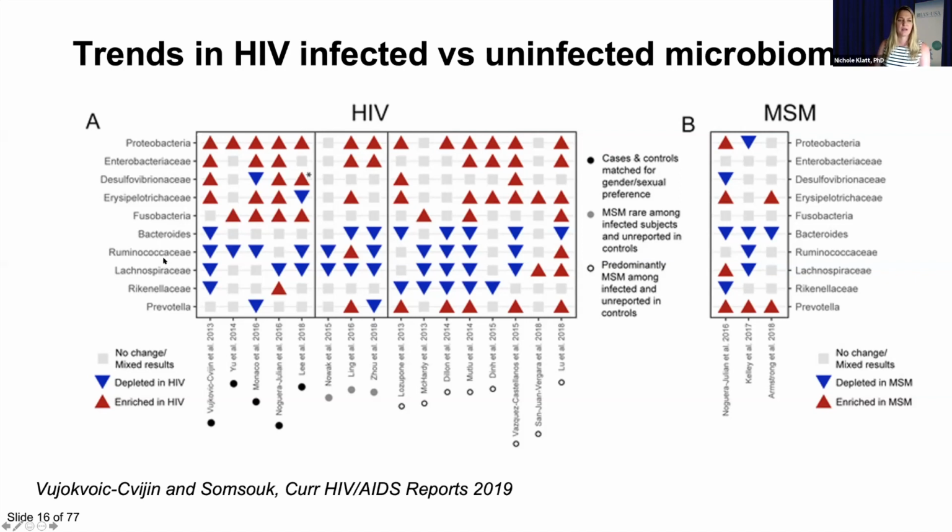Some of them that I'll point out here are proteobacteria, which are up. Proteobacteria are important because they tend to be very adherent bacteria, which means that they can grab onto the mucosal surface and tend to translocate. It also includes a multitude of potentially pathogenic organisms like Salmonella and E. coli. Things like fusobacteria are enriched in HIV infection.